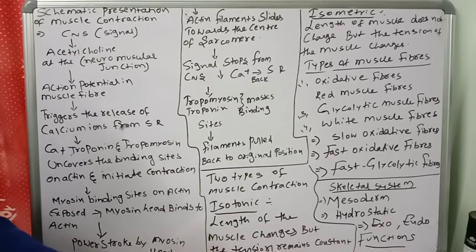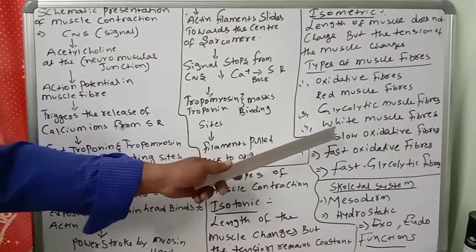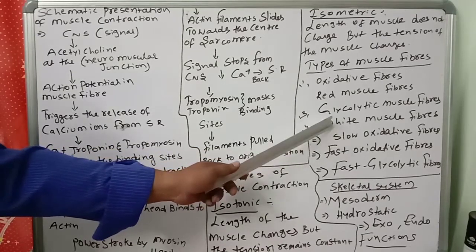Fewer mitochondria and more glycolytic enzymes, so they are called glycolytic fibers. The lack of myoglobin gives a pale color to the fibers. When myoglobin, the muscle pigment, is not there, they will have a pale color. They are called white muscle fibers.